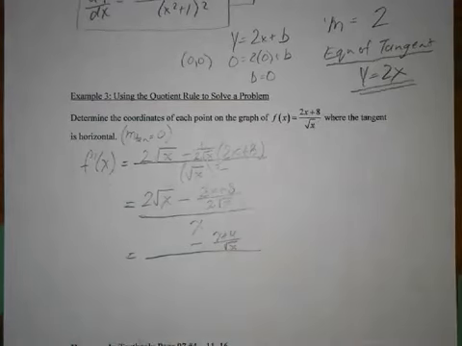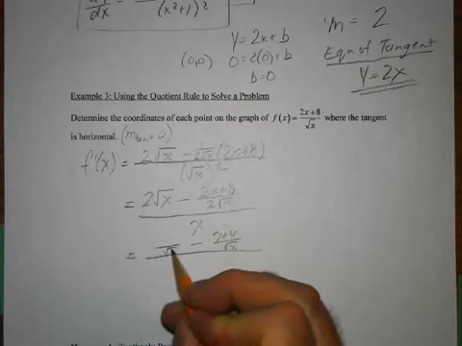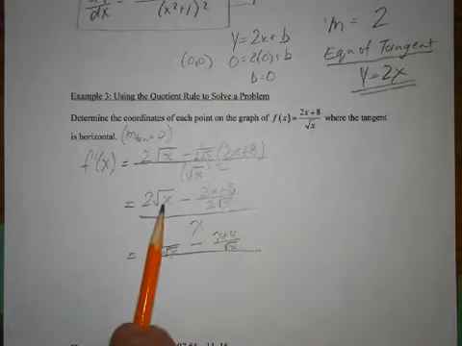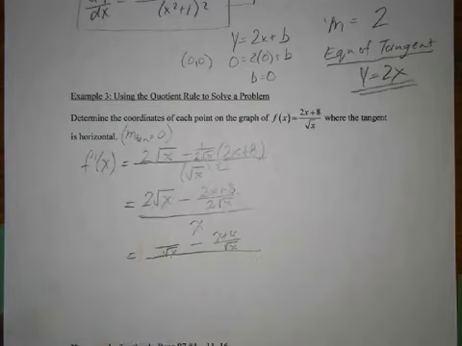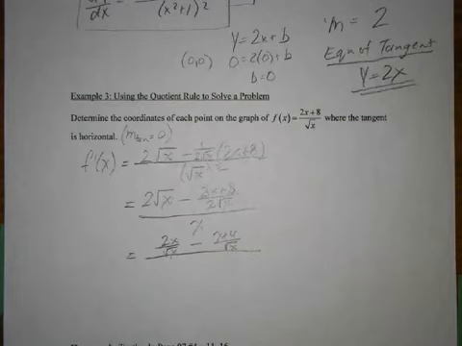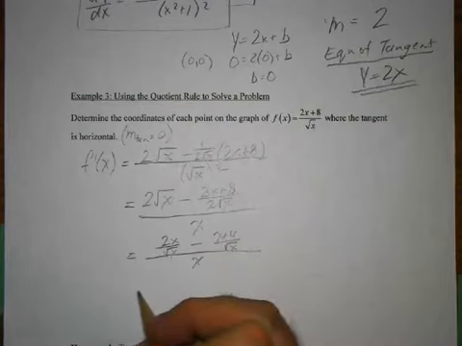And then if I want to turn this into something over root x so that I could combine these two terms, that means I got to multiply the top by root x. So 2 times root x, well, that's just 2x. Okay, and then x on the bottom, of course.